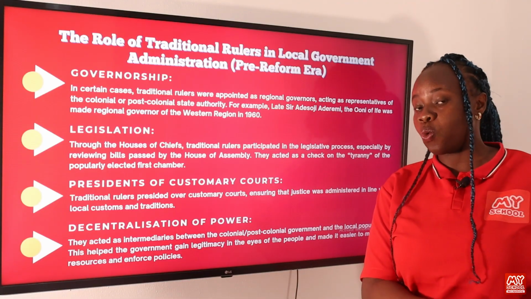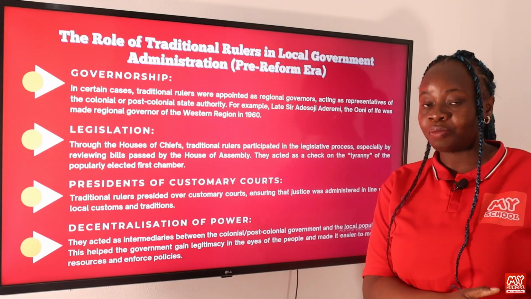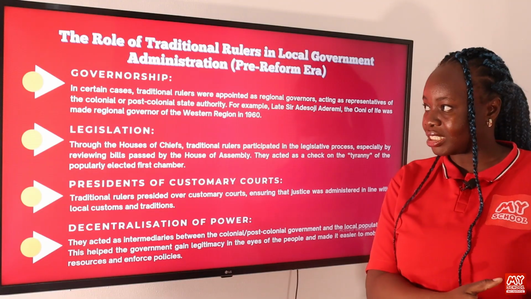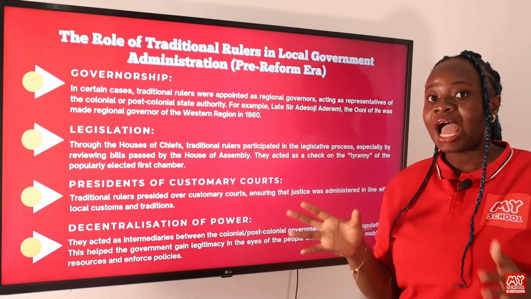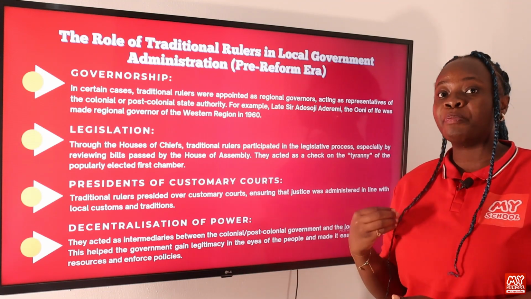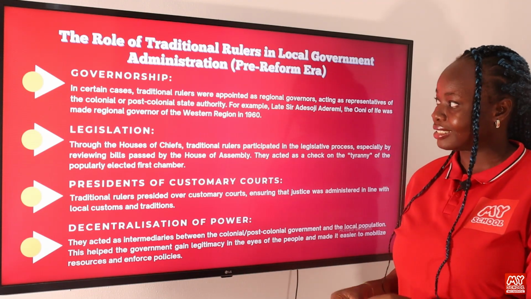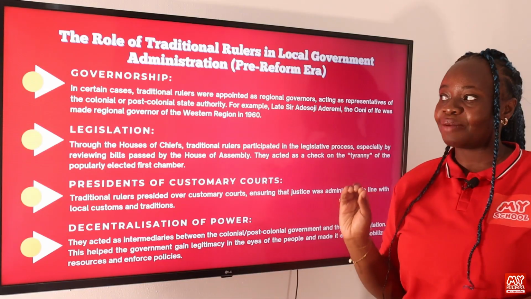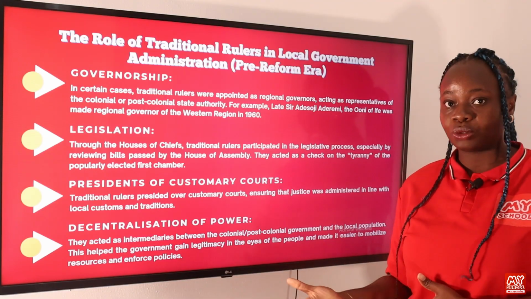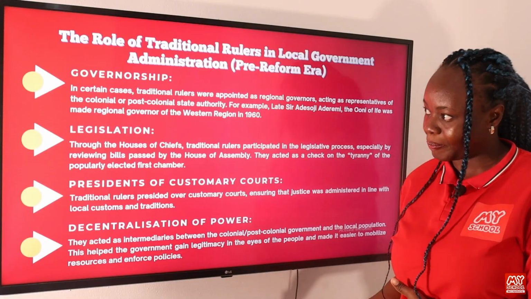We had the premier, who was the head of government at that time. He was a member of the House of Assembly and was responsible for making and implementing laws. But the governor had ceremonial functions. So as head of state, he was allowed to perform ceremonial functions within the states. So the Ooni of Ife became the regional governor. So we can see also that the traditional rulers were allowed to take political positions at that time.